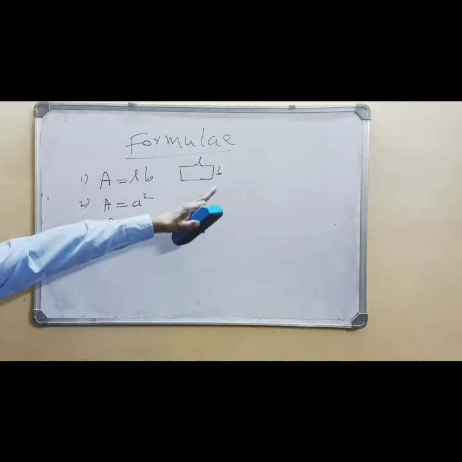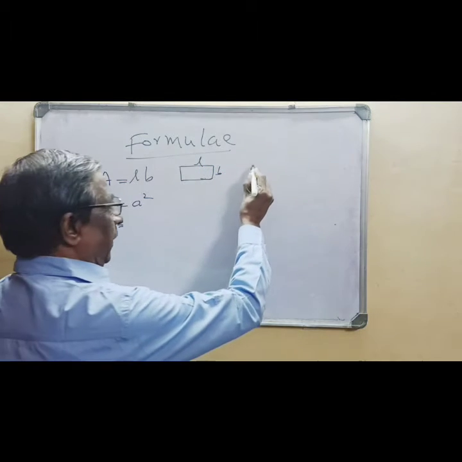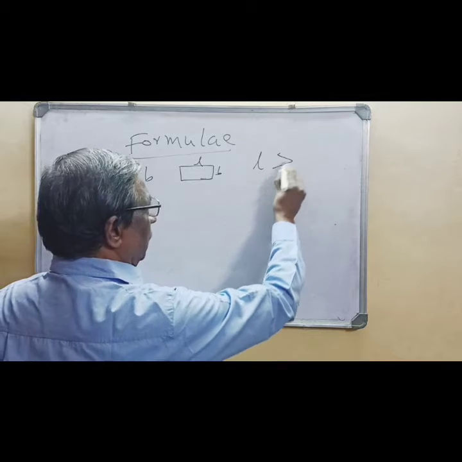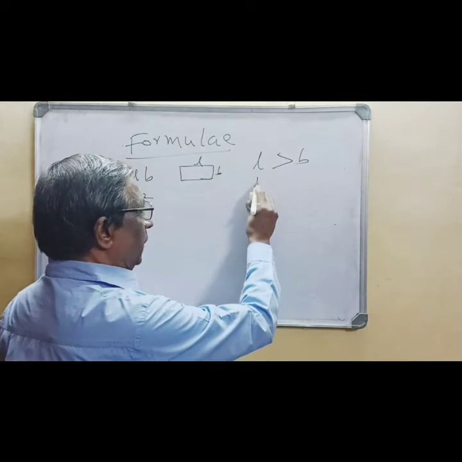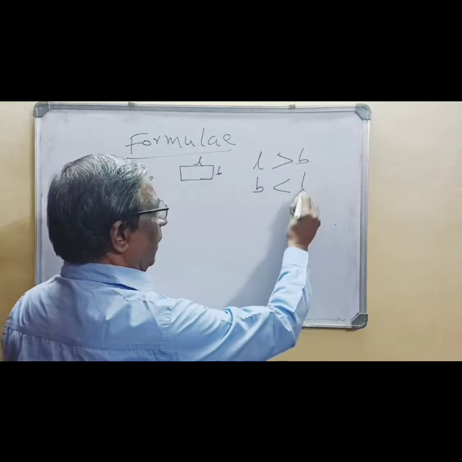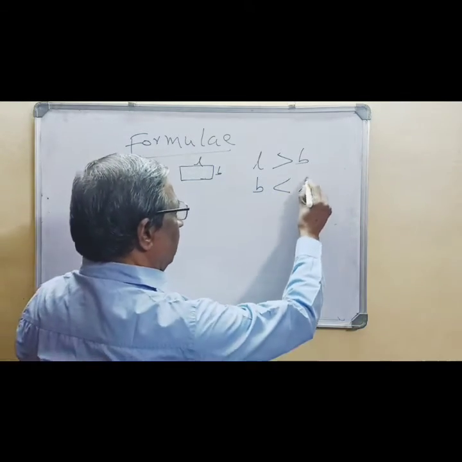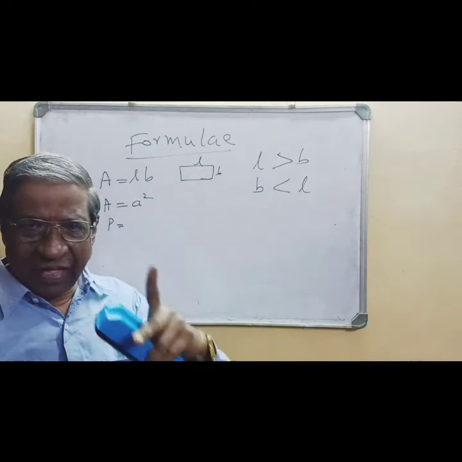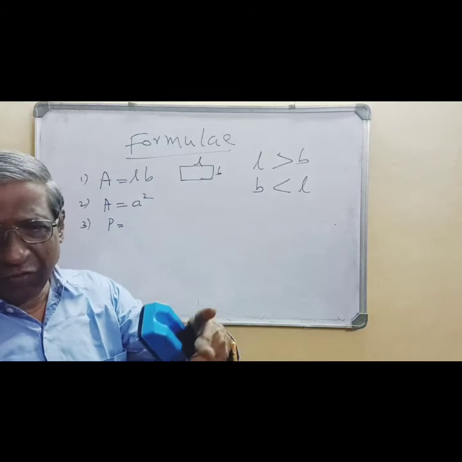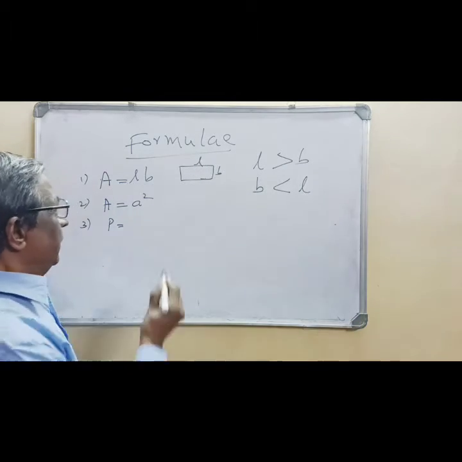B is less than L, or L is greater than B. Less, the first letter is L, so bend it, so that it becomes less. That is why less than, greater than.